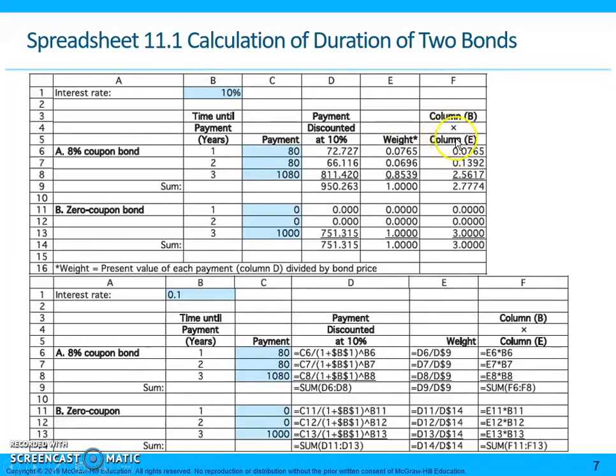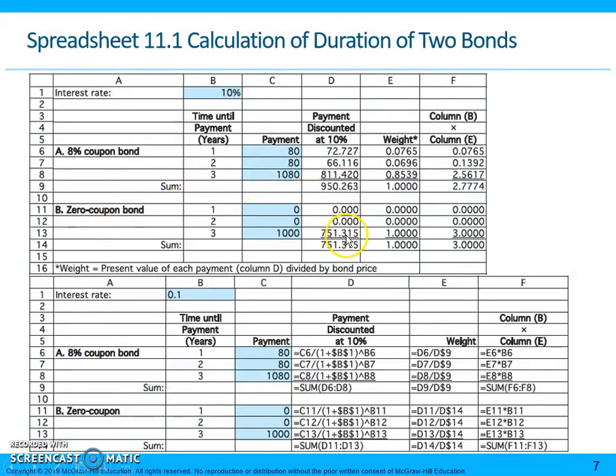Now we calculate the duration for each individual payment. So that's 1 times 0.0765, then 2 times 0.0696, that's 0.1392, and 3 times 0.8539, that's 2.5617. Add those up, and we get a duration of 2.774.